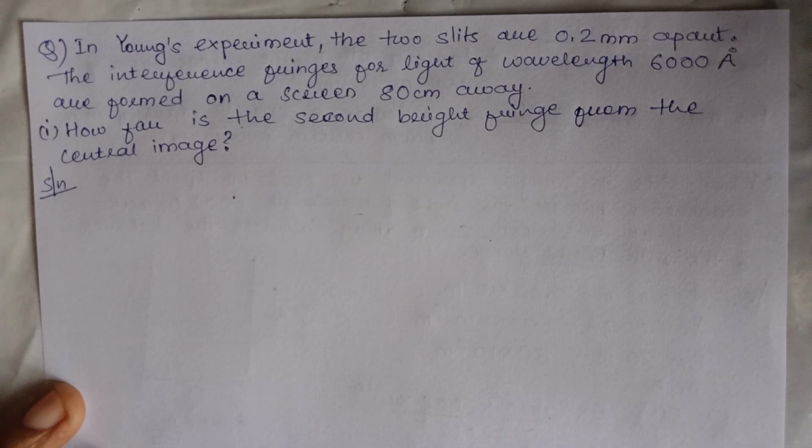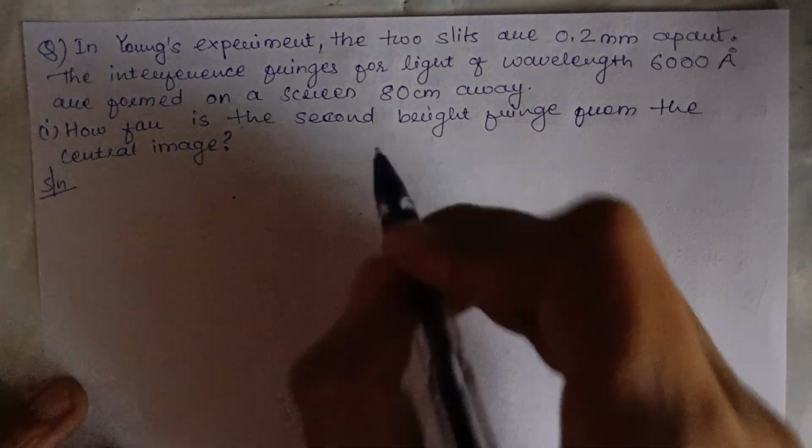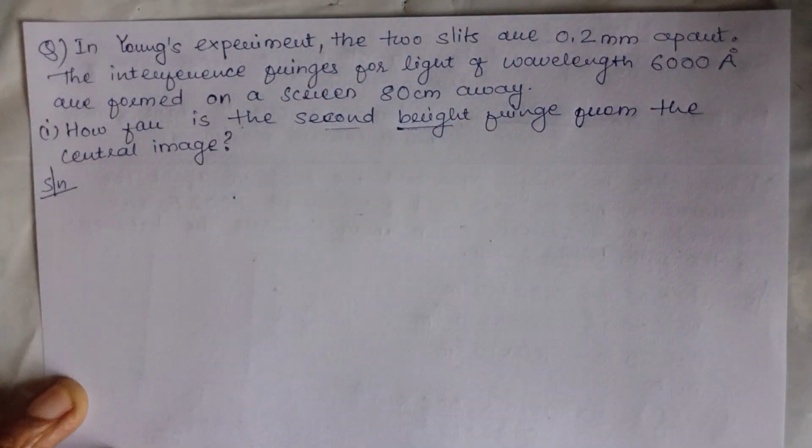Okay. Let's solve this. In Young's experiment, the two slits are 0.2 mm apart. Interference fringes for light of wavelength 6000 angstrom are formed on a screen 80 cm away. How far is the second bright fringe from the central image? Okay. So here we have to find second bright fringe.